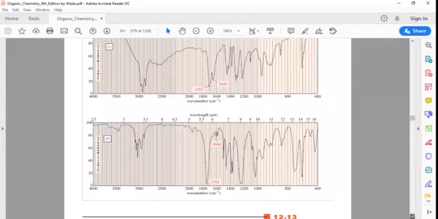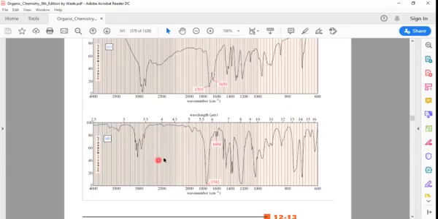Observe this. This is carbon-hydrogen stretching. This is carbon-carbon stretching. And this is a carbonyl group. So we can say that this substance has a carbonyl, and along with that we have an aromatic ring as well.